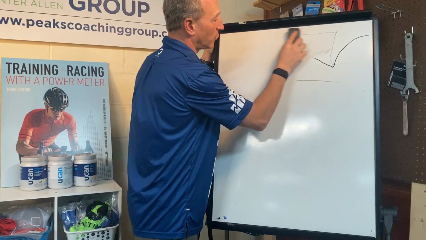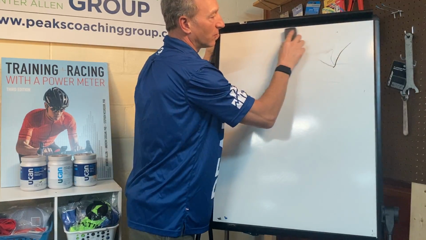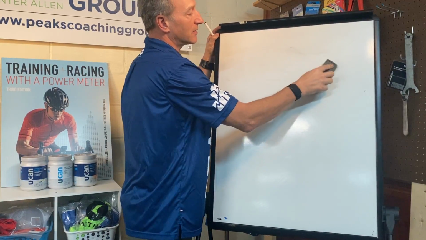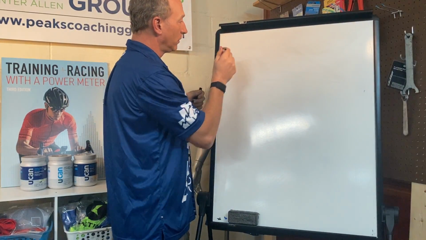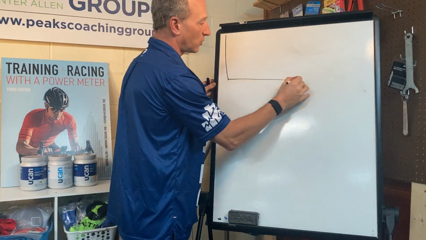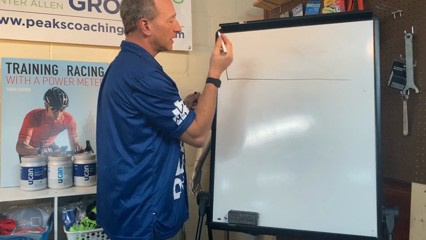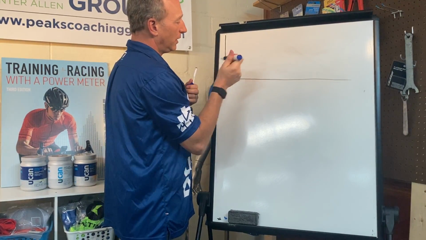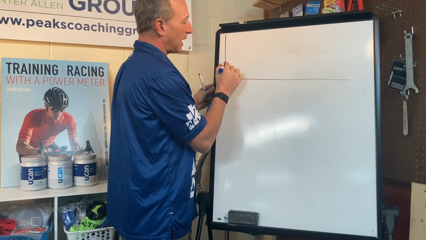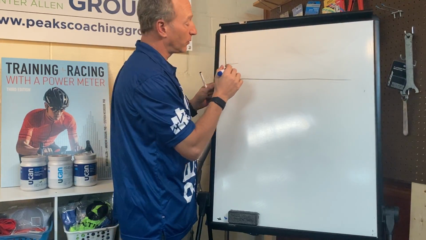Let's think about another one from a perspective of intervals that we're trying to complete and get the most out of, because that's important too. So again, here's our workout. Let's say, for example, we're rolling along here, and what we want to do in this one is get the maximum repeatable efforts that we can do.